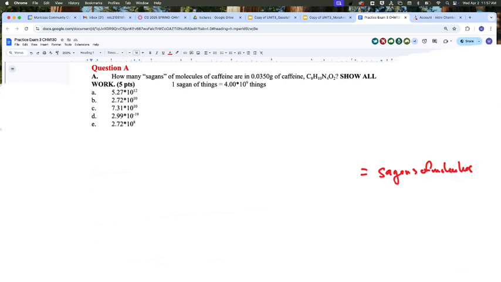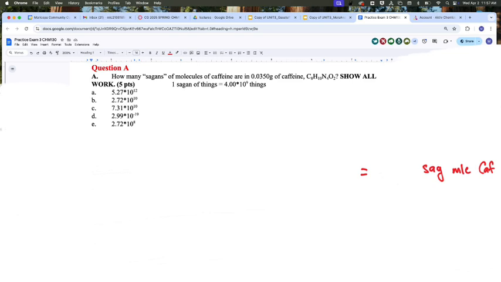We could turn the caffeine into CAF. We could convert molecules into MLC, and so we could keep that in there. And then Sagans, we could go with SAG. That would be fine.